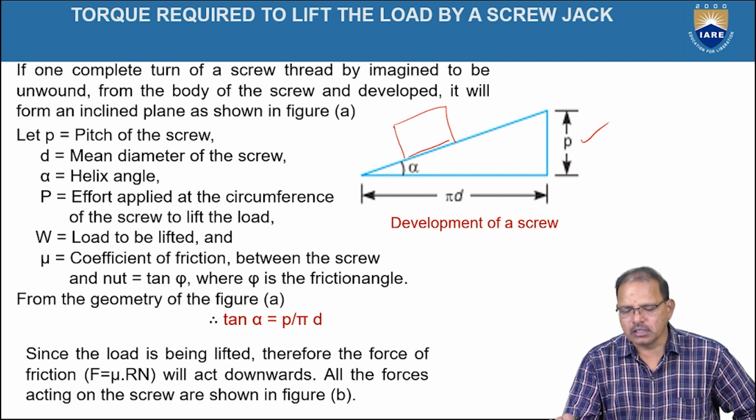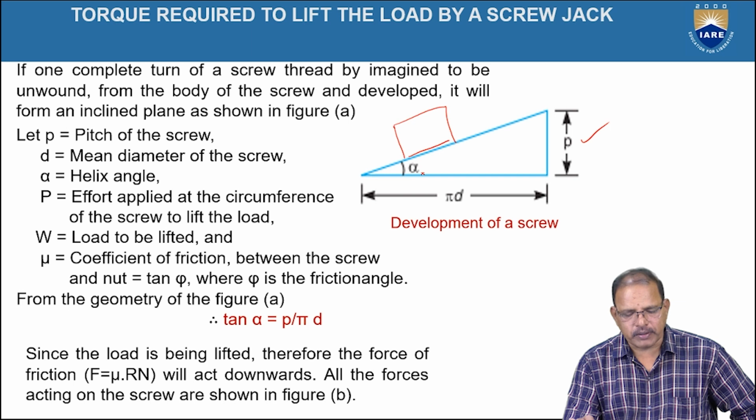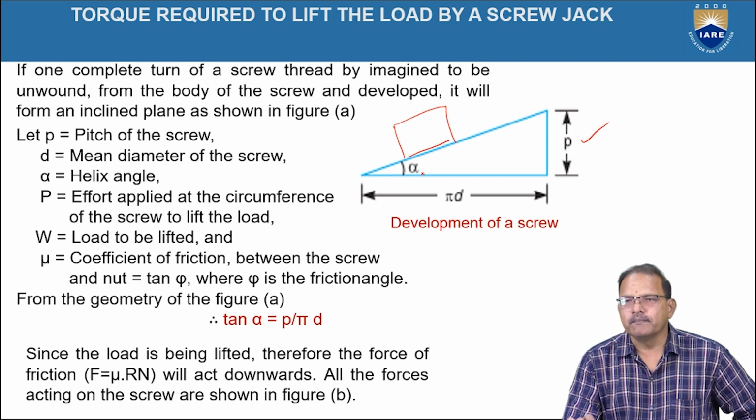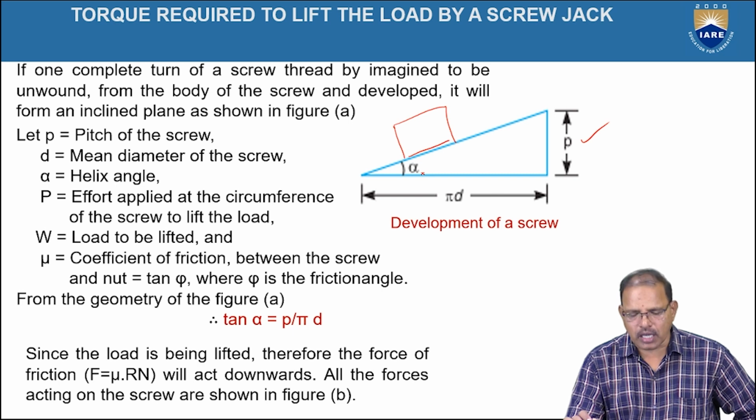That means the inclination of the plane is given by tan alpha is equal to p by pi d, where d is the mean diameter of the screw and p is the pitch of the screw.